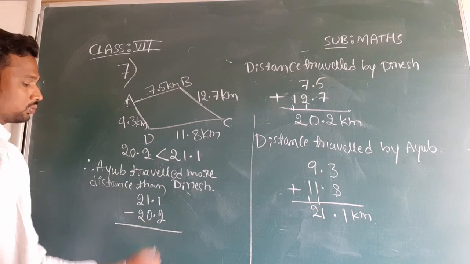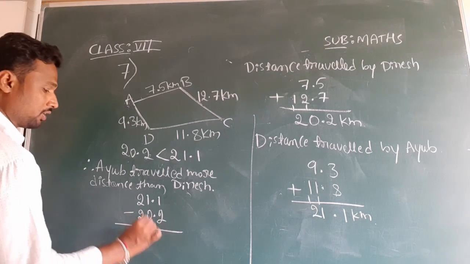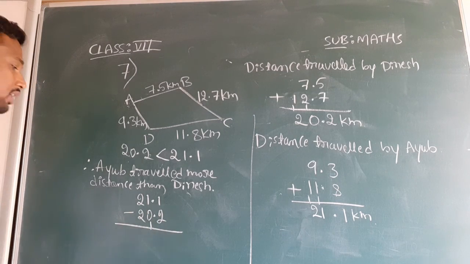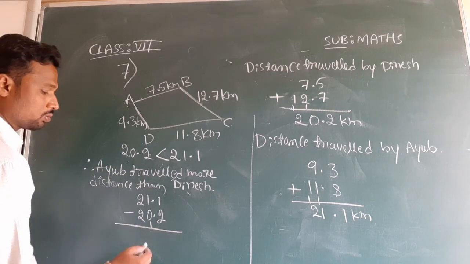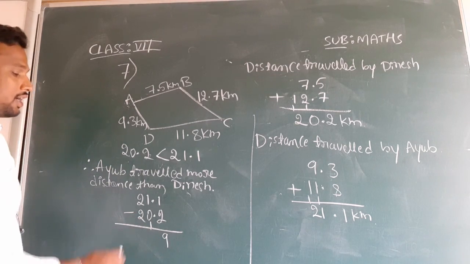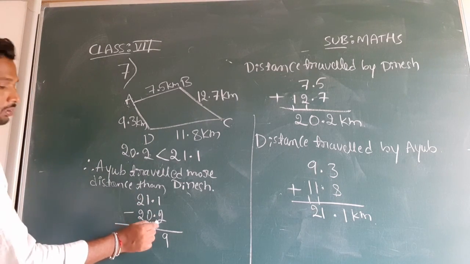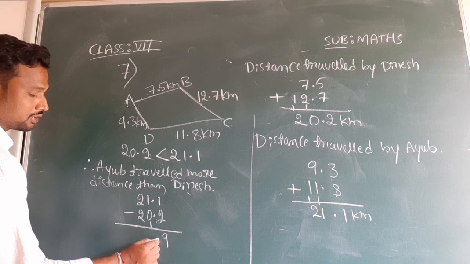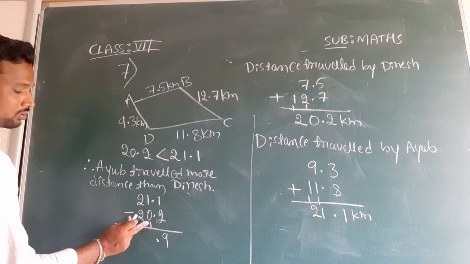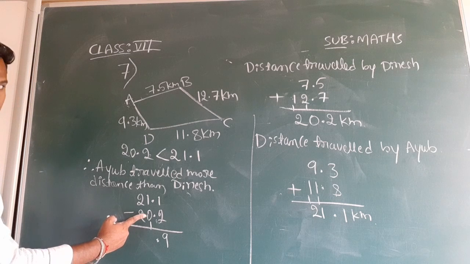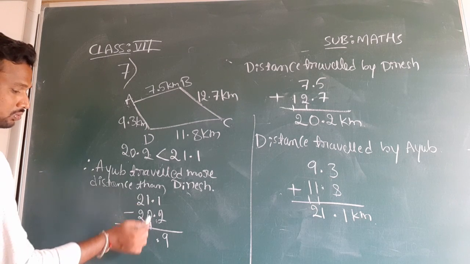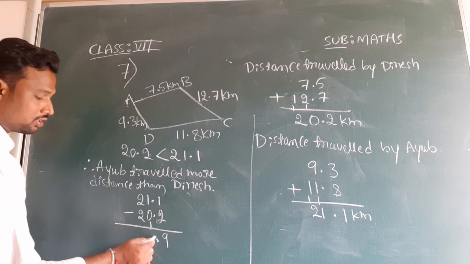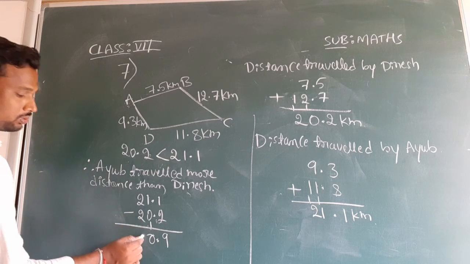Now you have to subtract here. So 1 minus 2, it is not possible. So take 1 as a carry. So 11 minus 2. 11 minus 2 means 9. And after these two digits, we have a decimal point here. So I will place one decimal point. Next 1 minus 1. Here we have 0. So no need to consider that. So 1 is carry here. 1 minus 1, 0. 2 minus 2, 0.